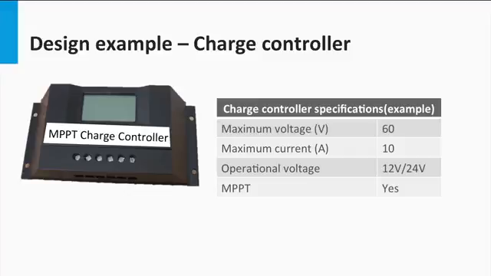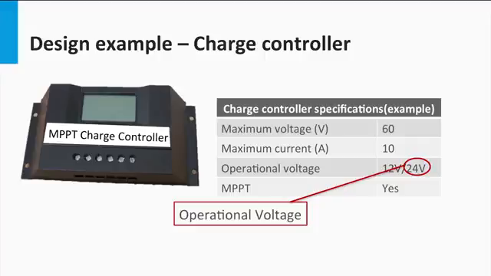It is also the voltage at which the DC side of the PV system would operate. In other words, the DC loads would be operated at this voltage. Thus, the nominal operating DC voltage of the system is dictated by the load rating as well as the battery bank. In this case, it is given as 24 volts.